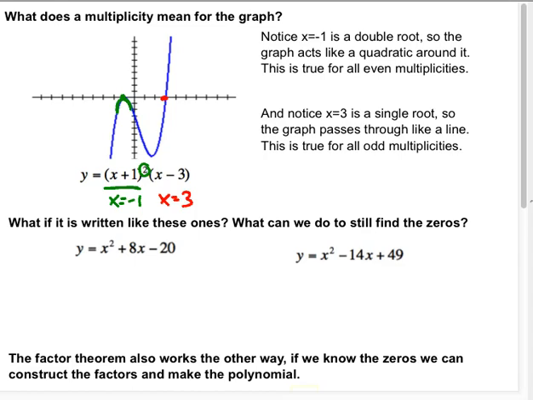Any even multiplicity is going to do that. Then, for this one, an odd multiplicity will act like a line and just go through the 0. So when we're talking about understanding general shapes of these polynomials, that is something very good to know.